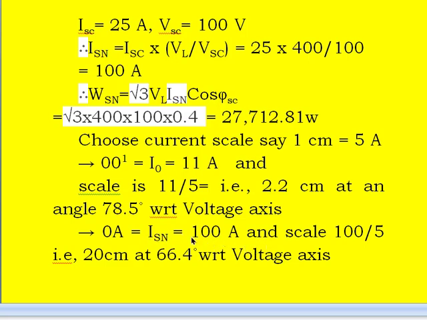So to draw this line on the circle diagram, the length of the short circuit current under normal voltage is given by 100 by 5. This 5 is the current scale, so we get 20 centimeters, and this line should be drawn from O, that is from the origin, at an angle of 66.4 degrees with respect to the voltage axis or y axis.